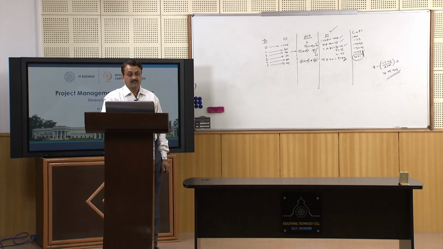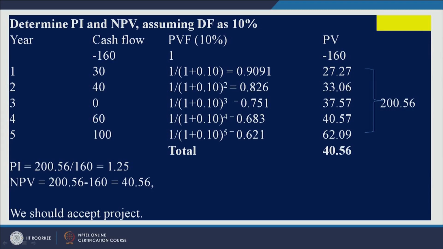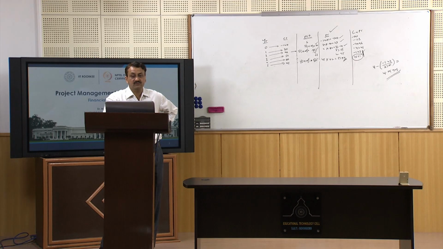So 30 into 0.9091 is 27. Just calculate the present value for all these years, 1 to 5, and of course the 0th year. So this is your cash outflow and all these are your cash inflows, which are nothing but the present value of future cash you would be receiving.